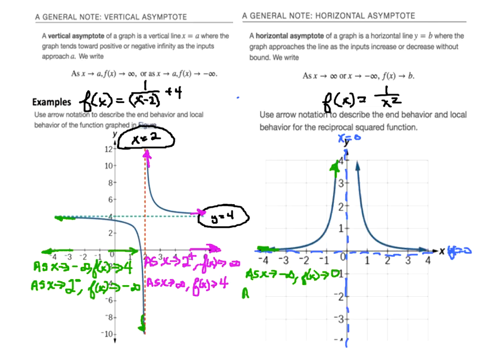So let's look at these two tail ends. As x approaches negative infinity, f of x is approaching 0. As x approaches 0 from the negative side, f of x approaches positive infinity.